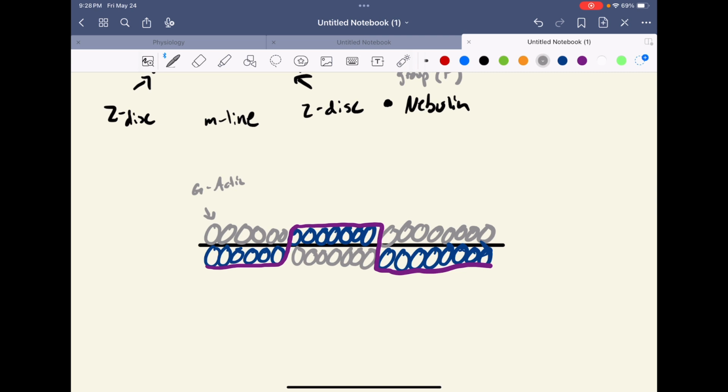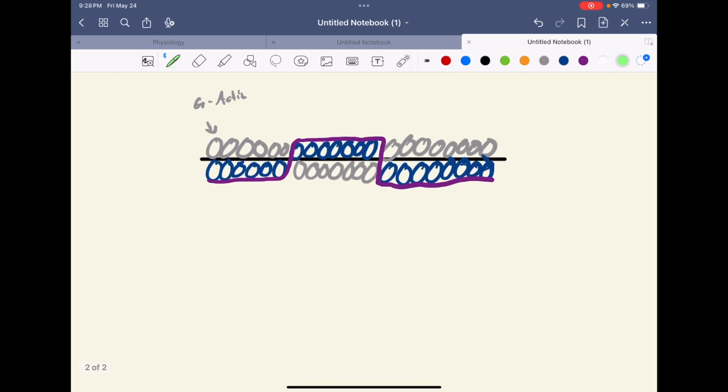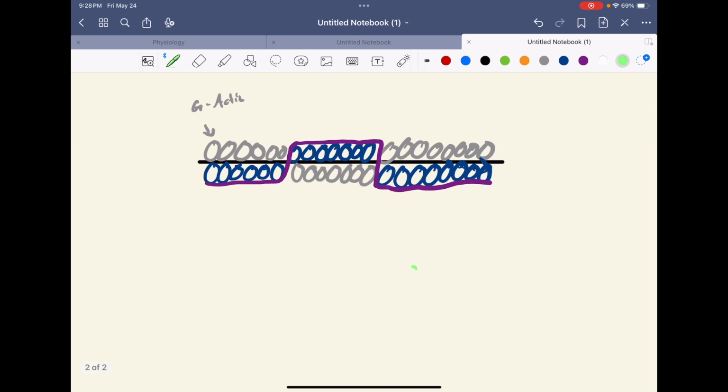So we draw it with a structure here called troponin. Troponin kind of looks like a Mickey Mouse head here, and there's 3 globulin particles to it.